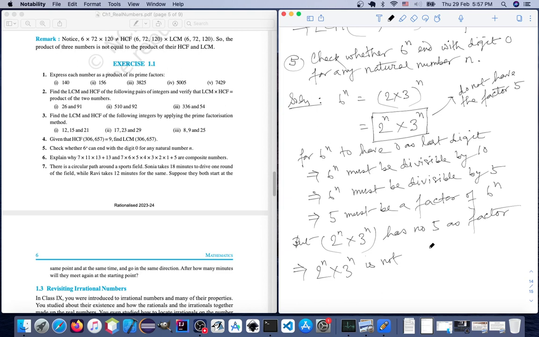So this implies it is not divisible by 10. This implies this number does not have 0 as the last digit, hence proved.